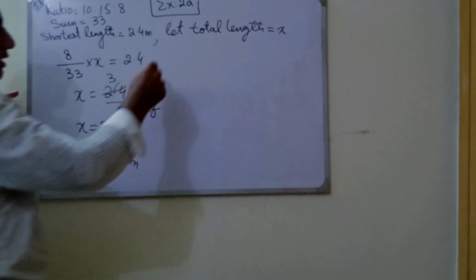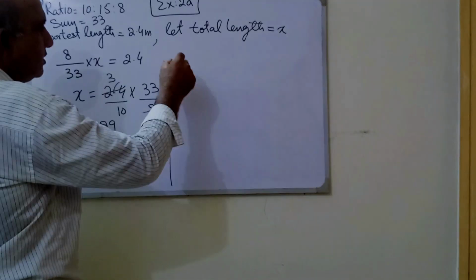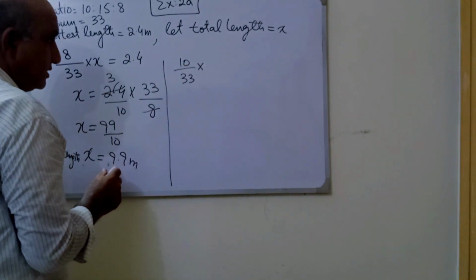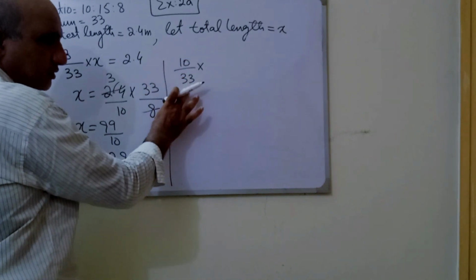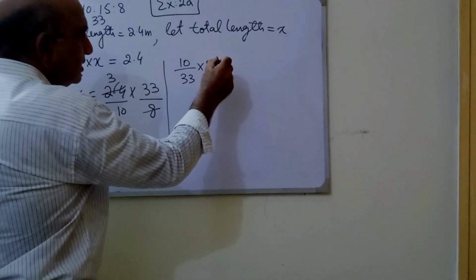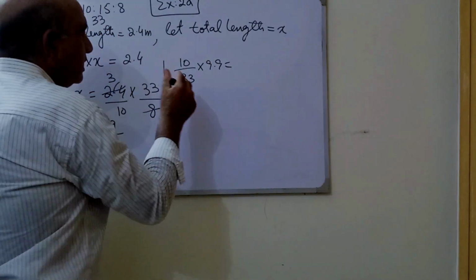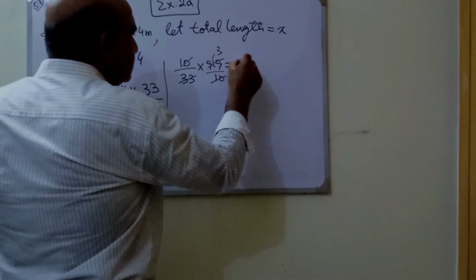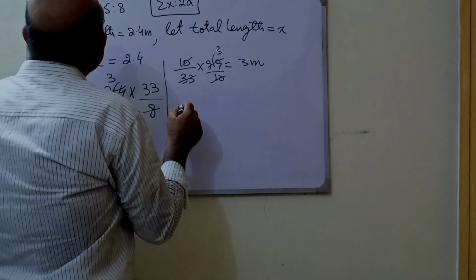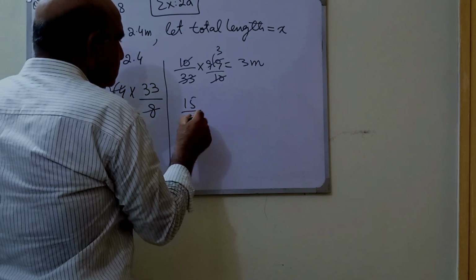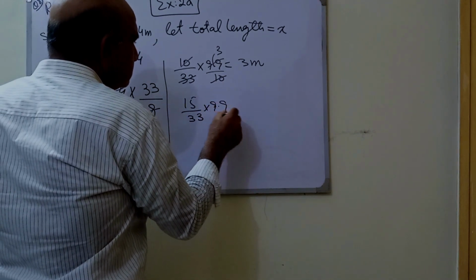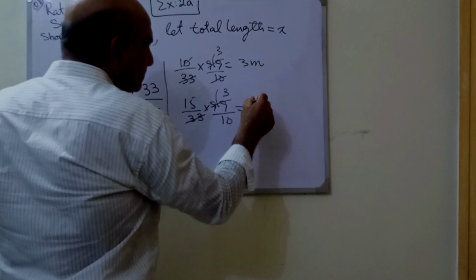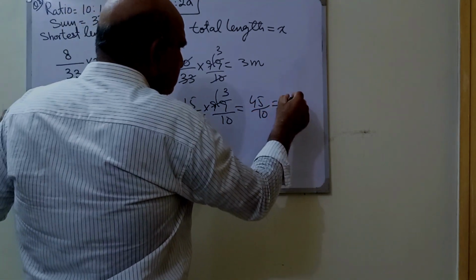Right, now the remaining: sum of the ratio multiplied by total length. 10 over 33 into 9.9, 10 cancelled, 33 3s are 99, this is 3 meter. And 15 over 33 into 9.9, 10 cancelled, 33 3s are 99, 15 3s are 45 over 10, so this is 4.5.